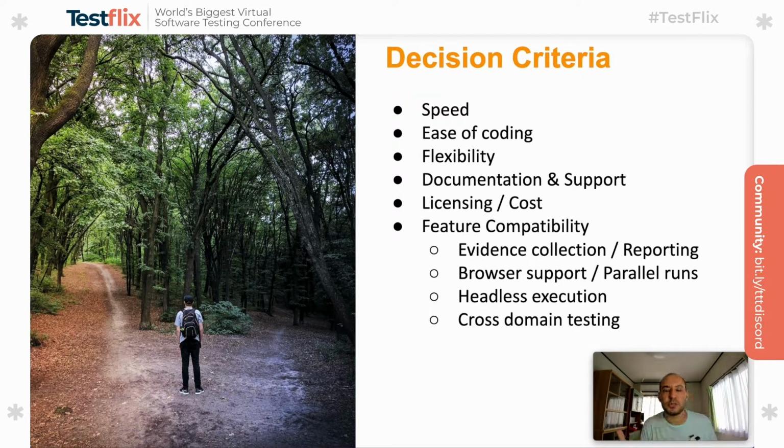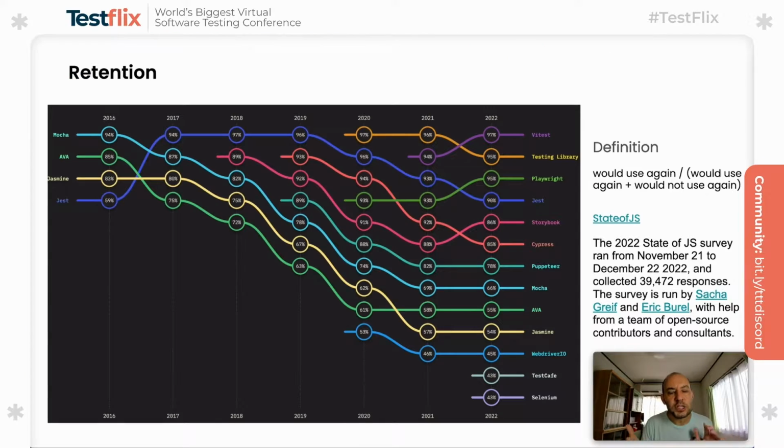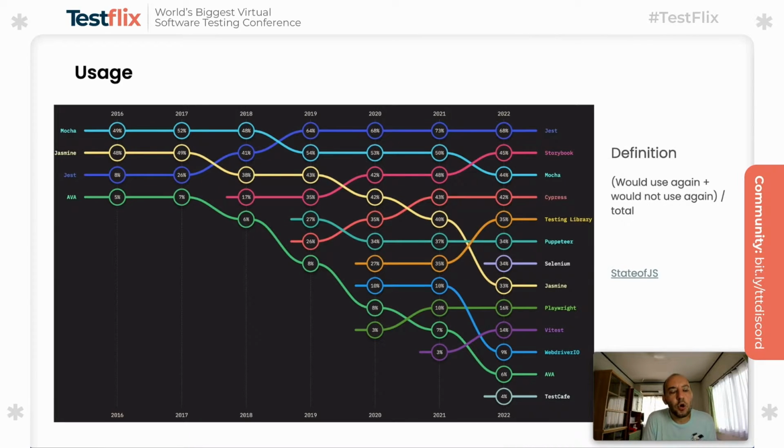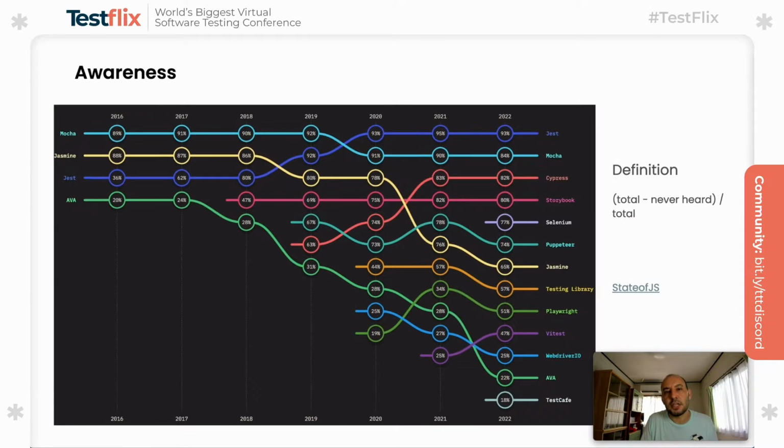For this purpose, I found a survey which almost 40,000 people joined. They were asked several questions. For example, the retention rate, if they want to keep using the framework they are already using or not, or the interest rate, if they want to learn some other tools or not, or even the usage, if they are already using it, and the awareness, if they already know it at all or not.